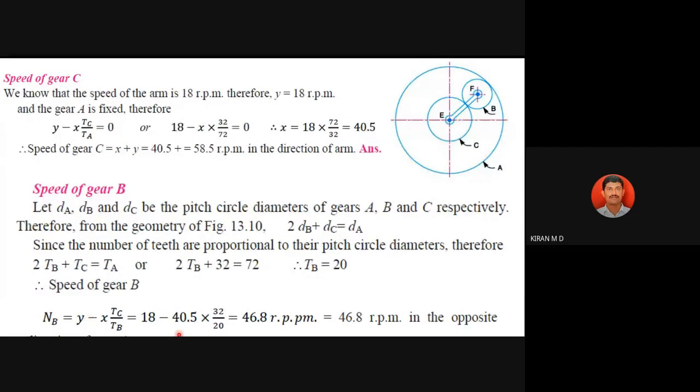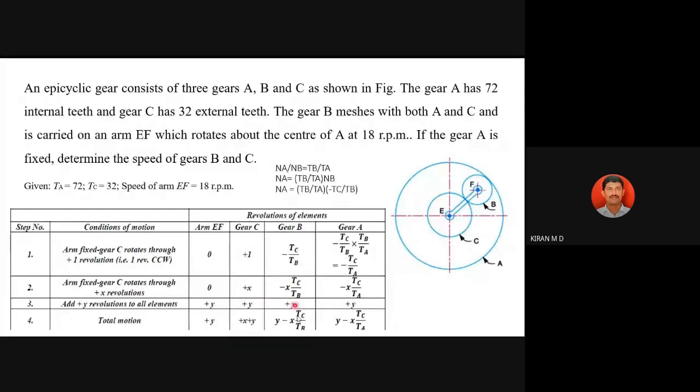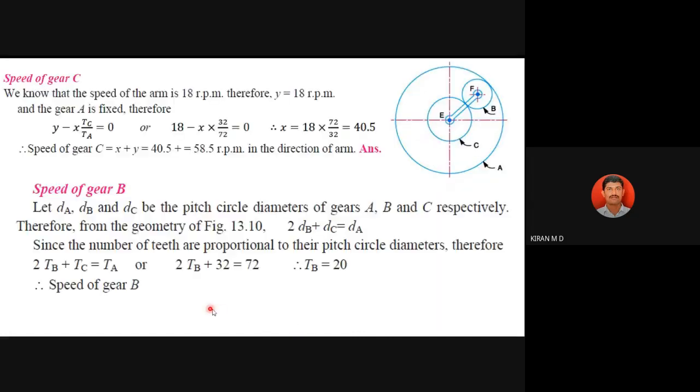How can we write it? We have the equation: NB is equal to y minus x into TC by TB. You substitute that: NB is equal to y minus x into TC by TB. That is equal to y, which we know is 18, and x is 40.5, which we found here.